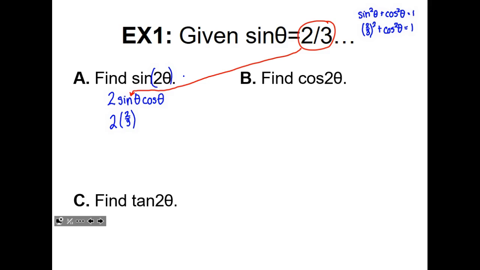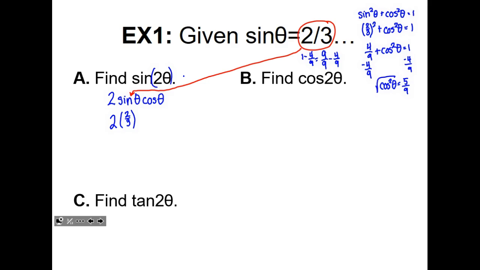So we'll have 4 over 9 plus cosine squared theta equals 1. I would subtract 4/9 from both sides. And when I do that, 1 minus 4/9 is like 9 over 9 minus 4/9. So that is going to give me 5 over 9.